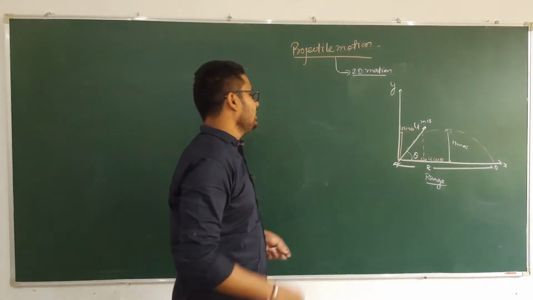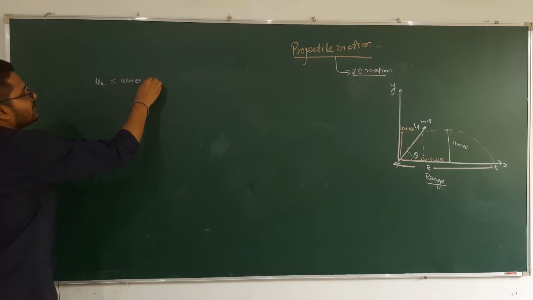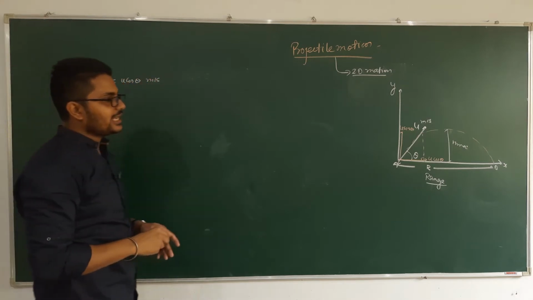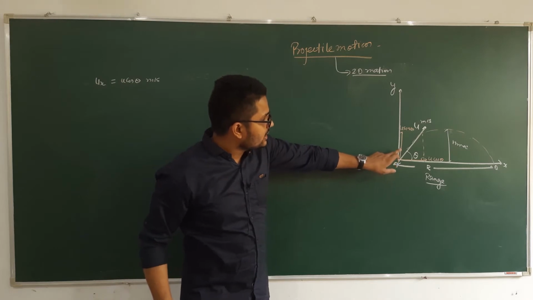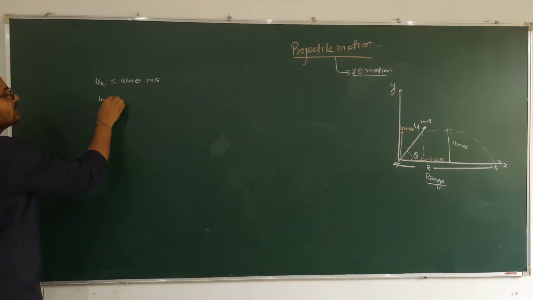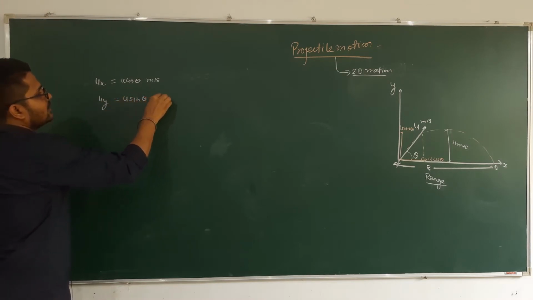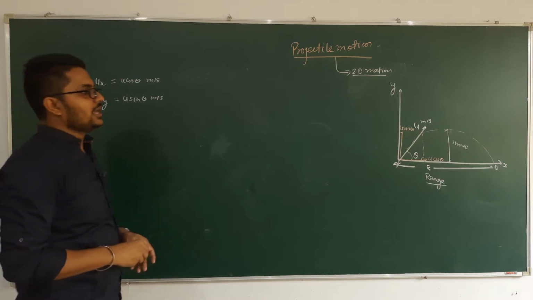In the x-axis, in the horizontal direction, the velocity is u cos theta meter per second. In the vertical direction from the origin, the initial velocity of the particle is uy, that is u sin theta meter per second.